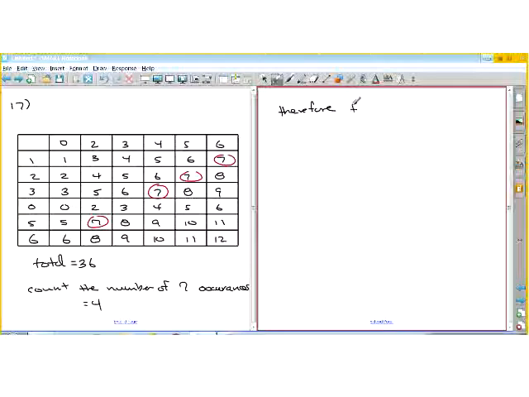So therefore the probability of rolling a 7 is 4 divided by 36, which is 1 ninth.